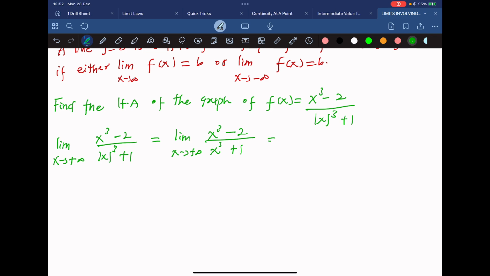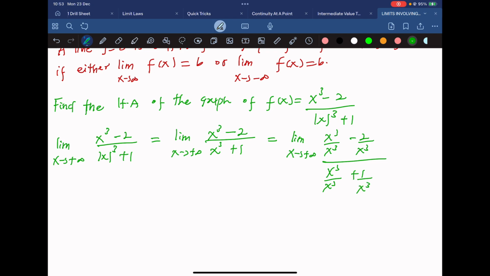And using the idea that we know already, we have to look at the highest power in the denominator. So in this case, that is x cubed. And we have to divide each term by x cubed. So if we do that, we have x cubed over x cubed minus 2 over x cubed, out of x cubed over x cubed plus 1 over x cubed.